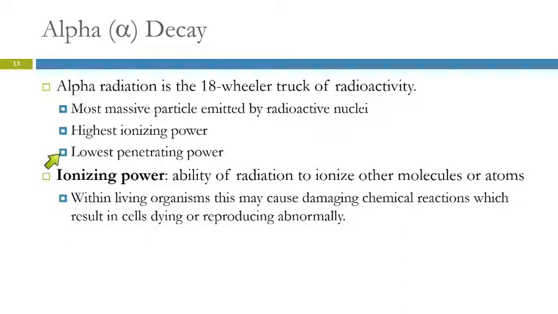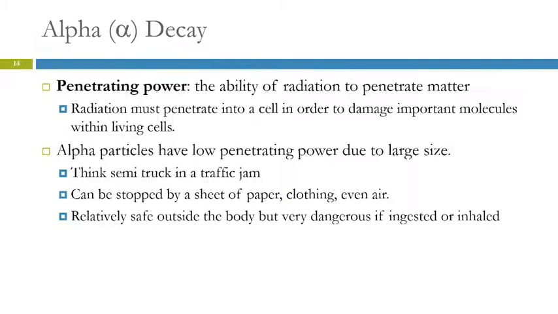The other thing we think about is penetrating power. Penetrating power is the ability of radiation to penetrate matter. So in order for radiation to damage important molecules inside living cells, the radiation has to get into the cell.